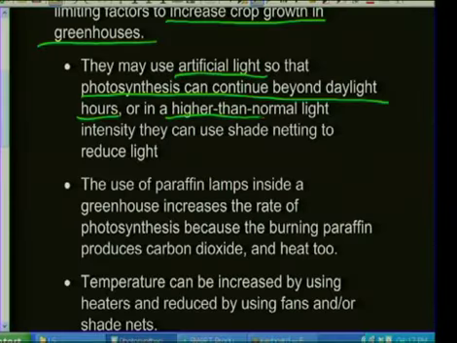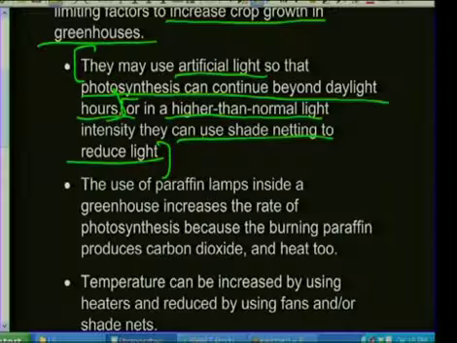So these farmers, in the greenhouse, provide artificial light, and the plant uses that artificial light to maximize photosynthesis. And with a higher than normal light intensity, they can use shade netting to reduce light. Let's understand what we're saying. There are two things happening here. That's one thing, and above that is another thing.